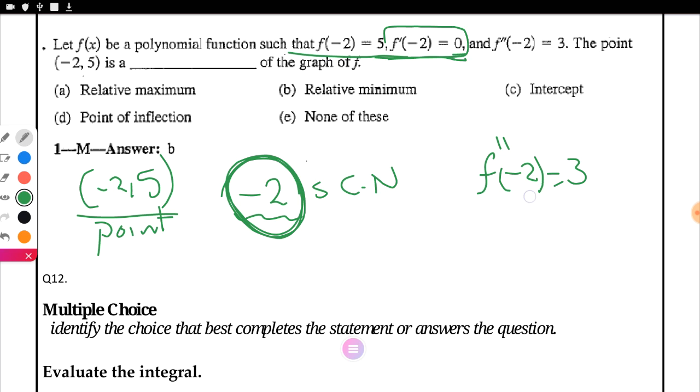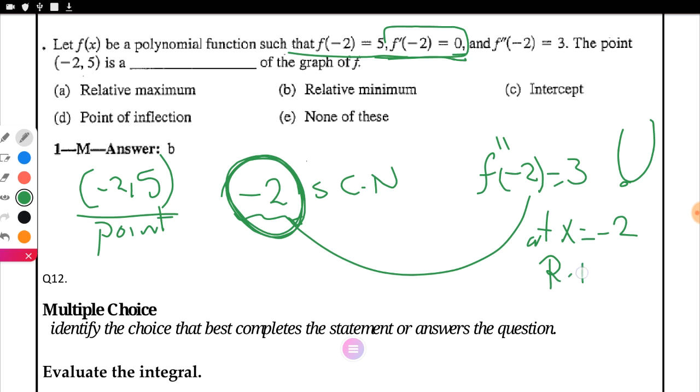If the second derivative at this critical number is positive, it means the function is concave upward. Concave what? Upward. In this case, we consider negative 2 and 5, at x equals negative 2, we have what? Relative minimum.